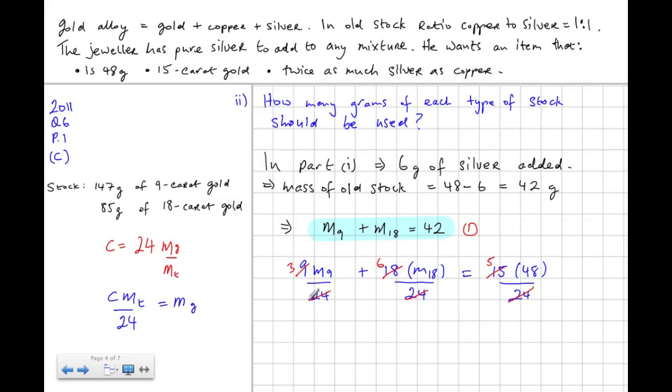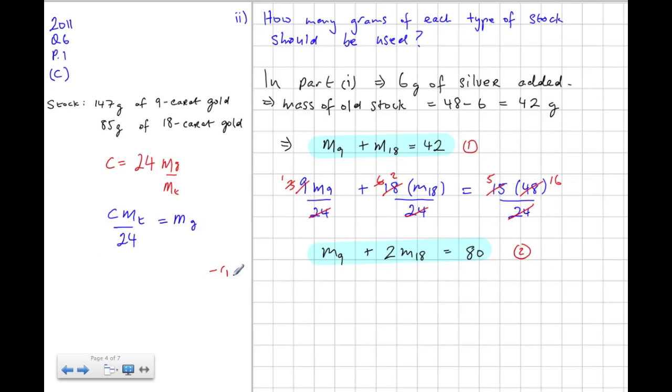We see that firstly 3 divides in across, and we see again 3 actually goes into 48 as well. So we can break this down further. And just neatening this up, we see that the mass coming from the 9 plus twice the mass coming from the 18 is equal to 5/16 of 48, which is 80. At this stage, this is a junior cert question.